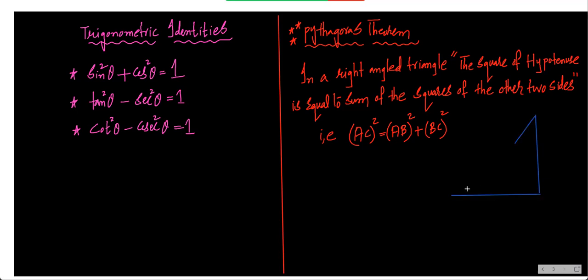This is right angle. In this right angle triangle, this is A, this is B, this is C. This is called hypotenuse side.